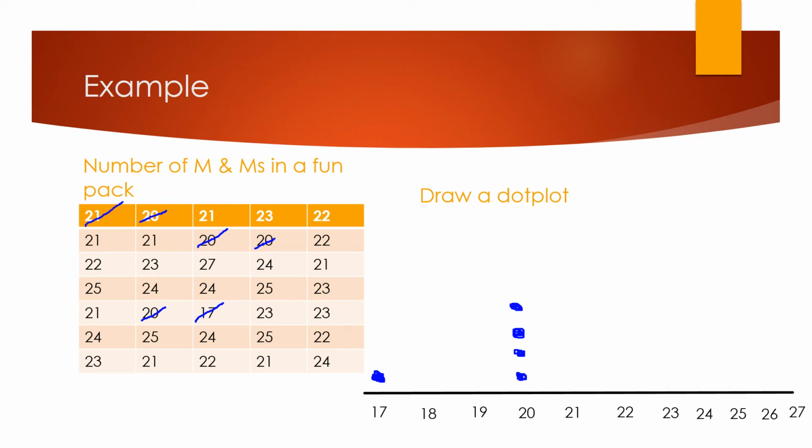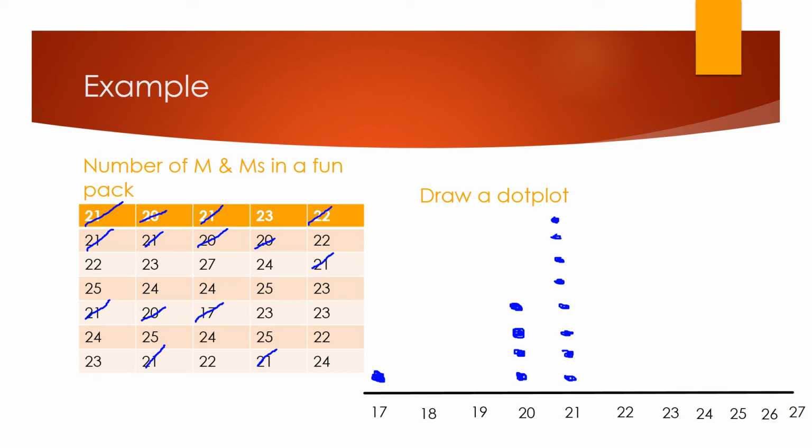21s, I have 1, 2, 3, 4, 5, 6, 7, 8. Now I'll go through and do 22.